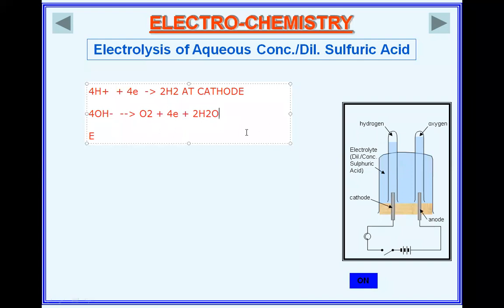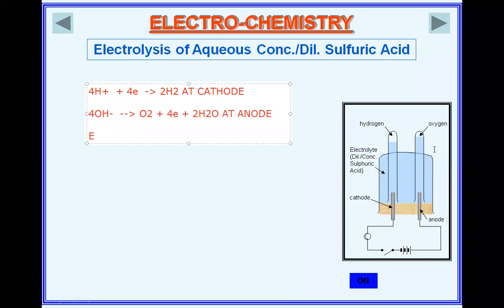This reaction occurs at the anode. The gas which is produced at the cathode is hydrogen. The ratio of hydrogen is 2 and the ratio of oxygen is 1. This oxygen is produced at the anode. So this type of diagram can be drawn, or we have to obtain the result if the diagram is given.